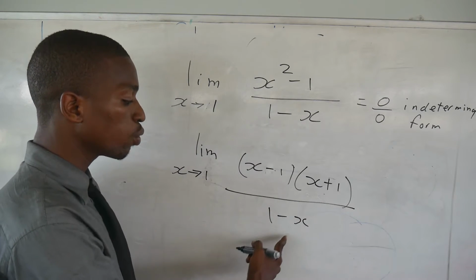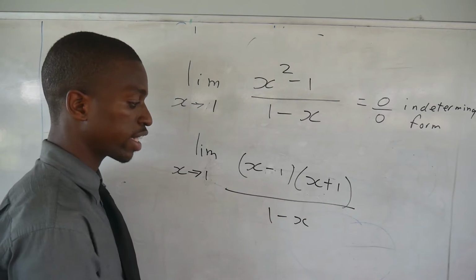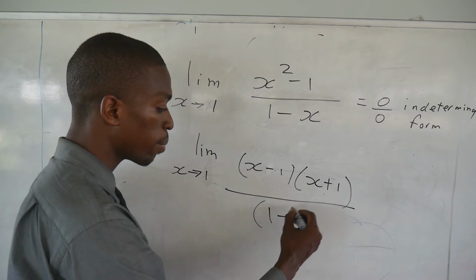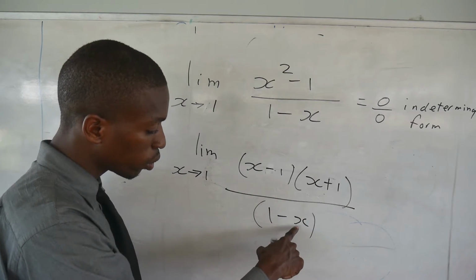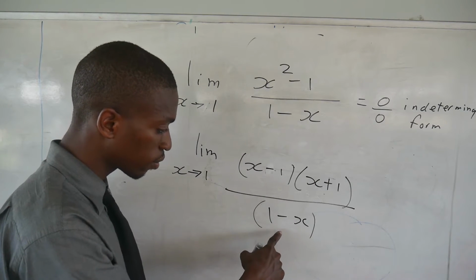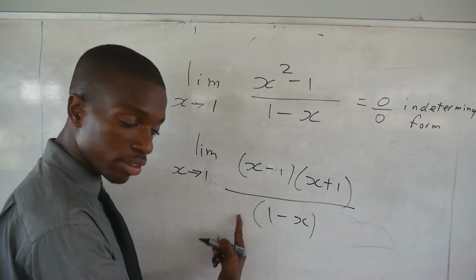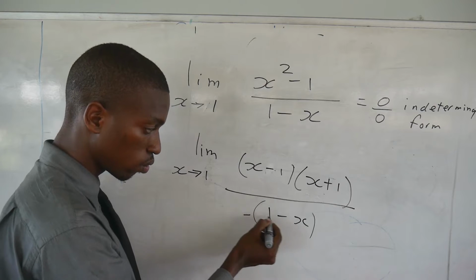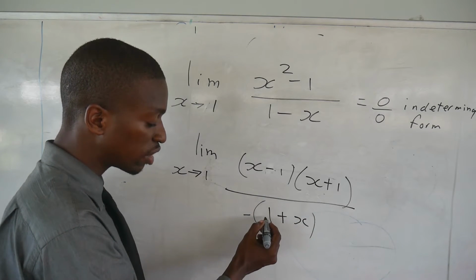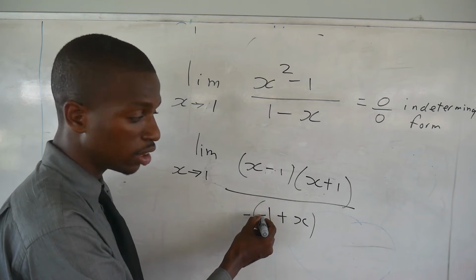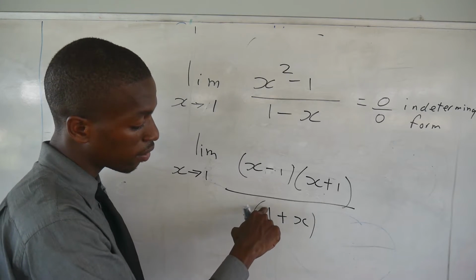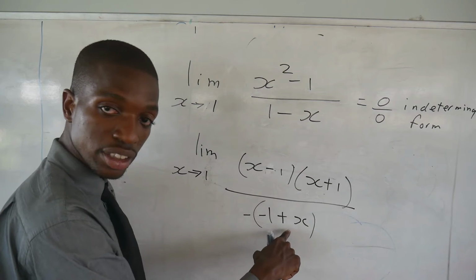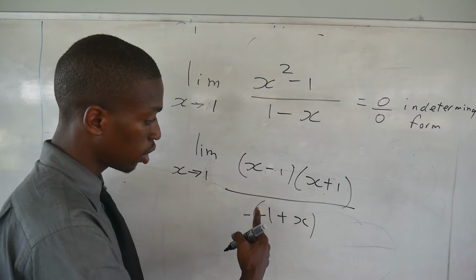So, how could we get this to look like the x minus 1 that we want? We can do that by simply factoring out a negative sign. So, instead of having 1 minus x, we factor out the negative, and the signs of everything in the brackets will change. Right? If we multiply this back, we would have 1 minus x, so we didn't change anything.